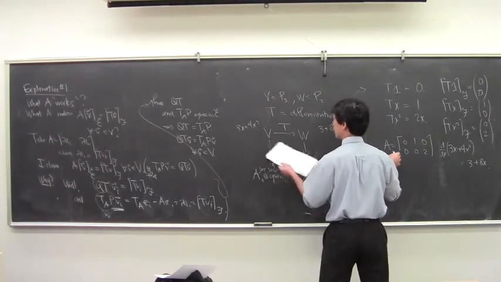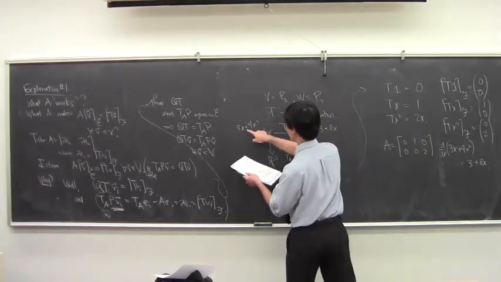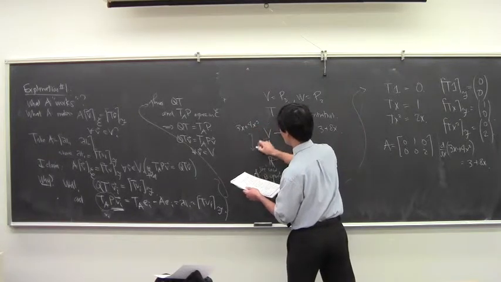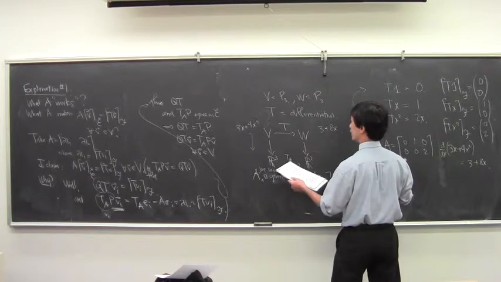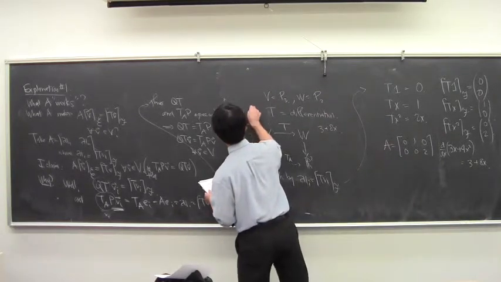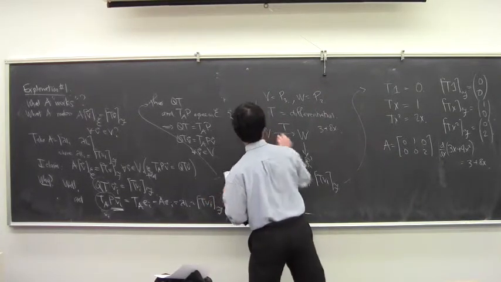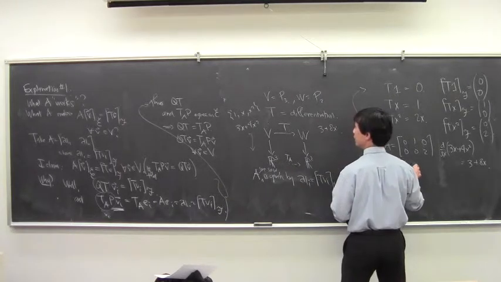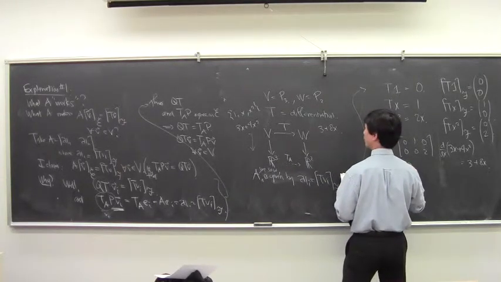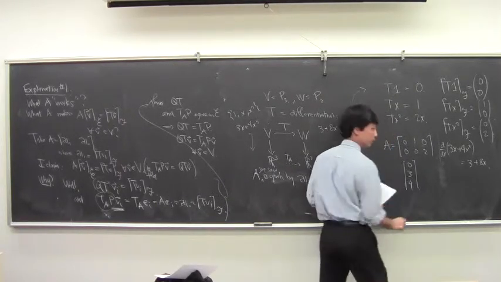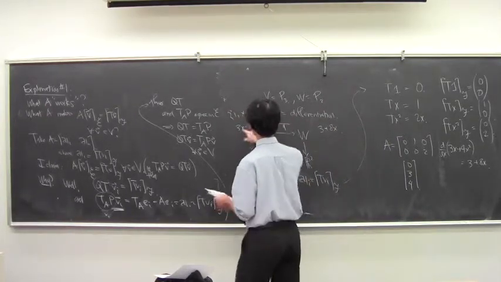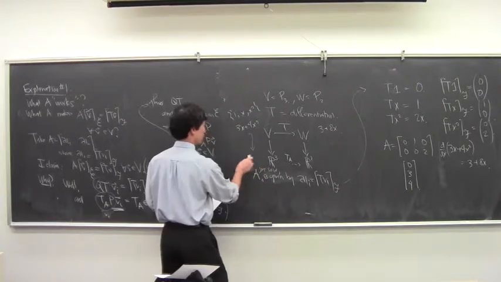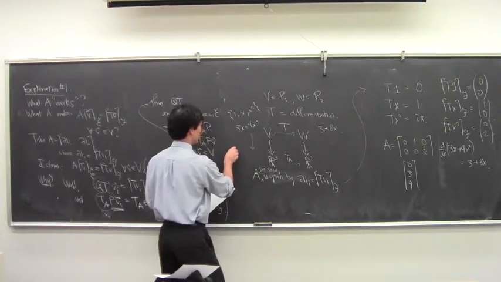If I start with 3x plus 4x squared and map it down to its coordinate vector, remember we've got 1, x, x squared here, the coordinate vector is 0, 3, 4.